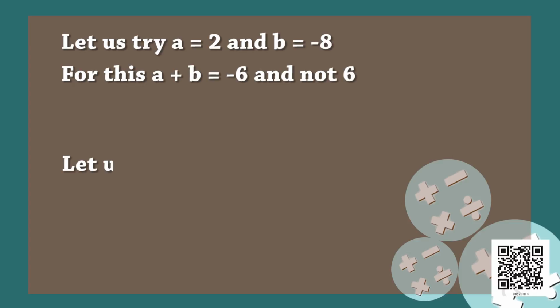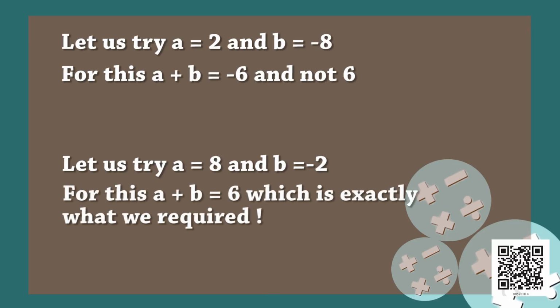Now, let us try a is equal to 8 and b is equal to minus 2. For this, a into b is equal to minus 16 and a plus b is equal to 8 plus minus 2, that is 6, which is exactly what we required.